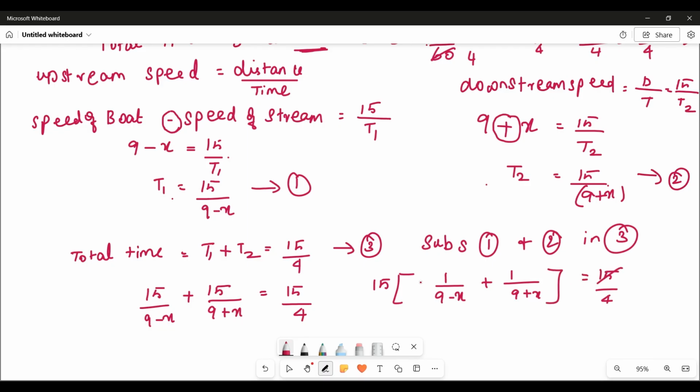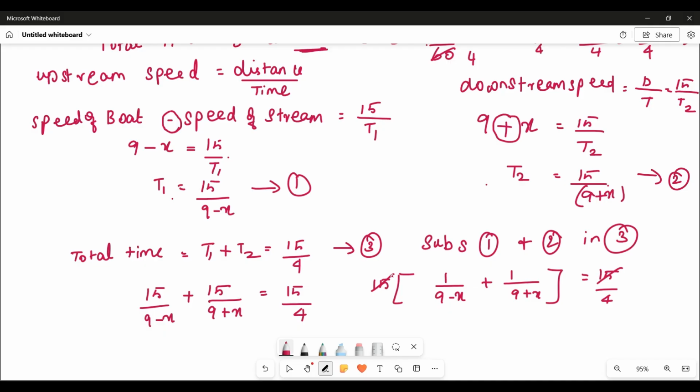I'm dividing both sides by 15. You can do anything as long as the balance of the equation is maintained. Since I'm dividing by 15 on one side, I'm doing it on the other side, so it gets cancelled.